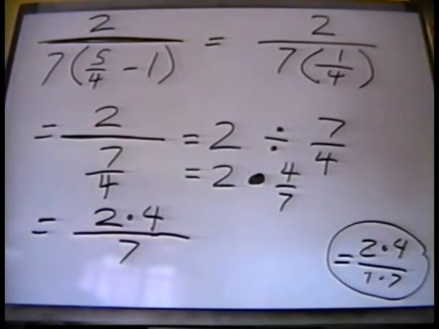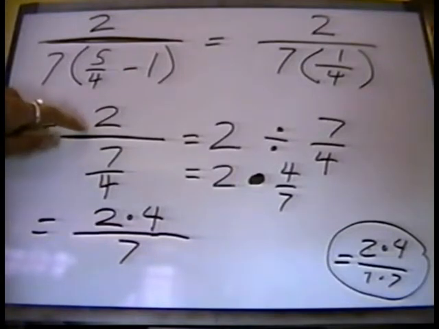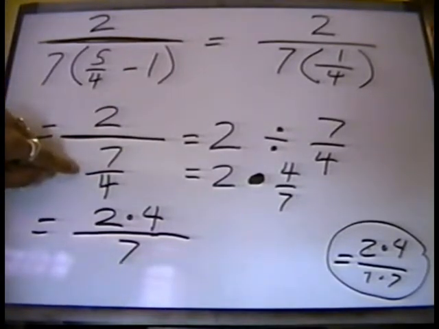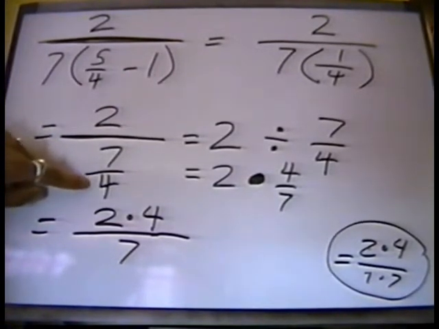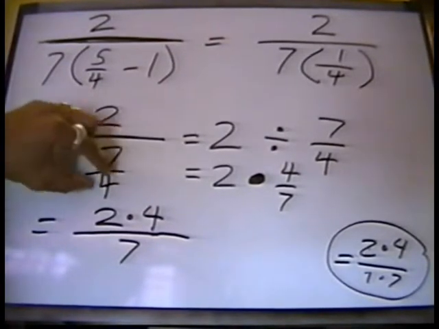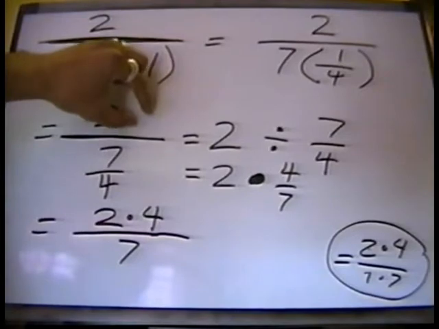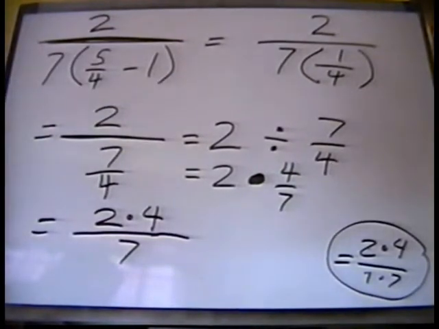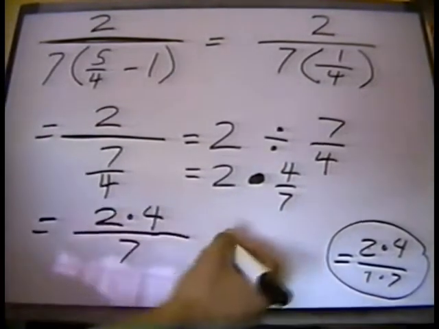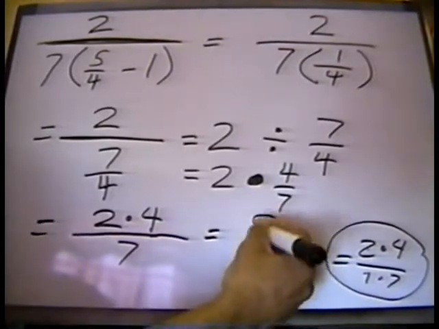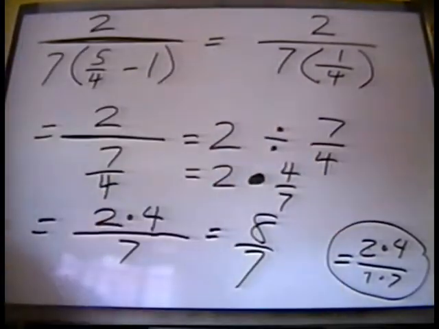Since we divide, this is a fraction, the denominator is a fraction, and 4 is the denominator of the fraction. So here, this 4 becomes, we put that in the numerator's place. Okay? 8/7.